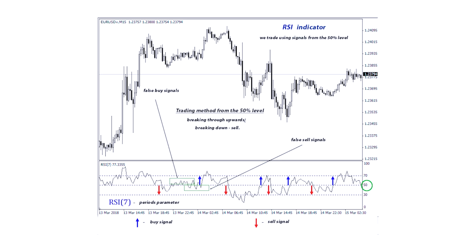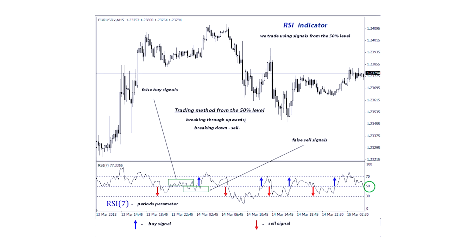And if there's a breakout on the bottom, we open a sell position. On the other hand, when the trend moves sideways, this particular trading system is not really the best, because when frequently crossing the 50% level, the RSI indicator gives false signals very often.